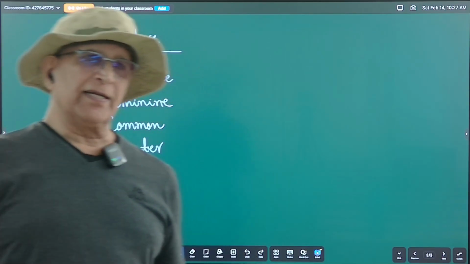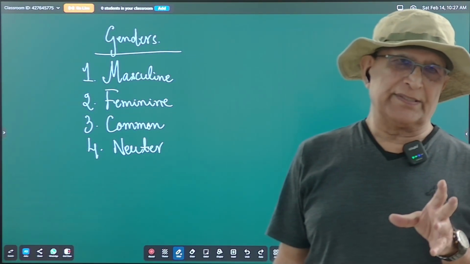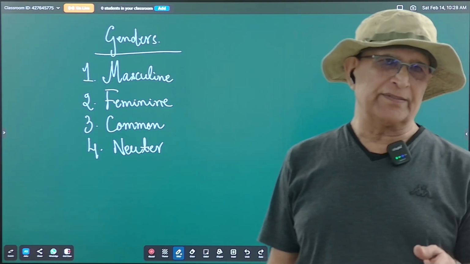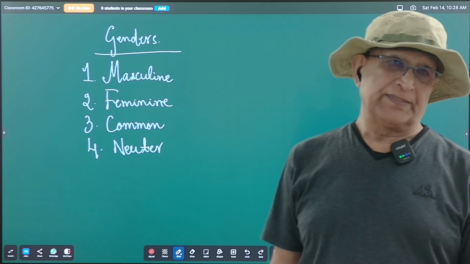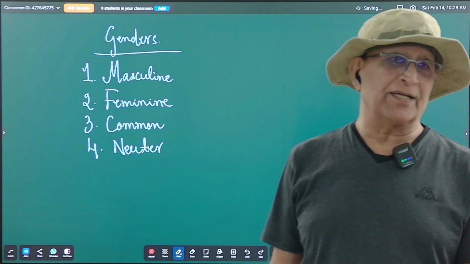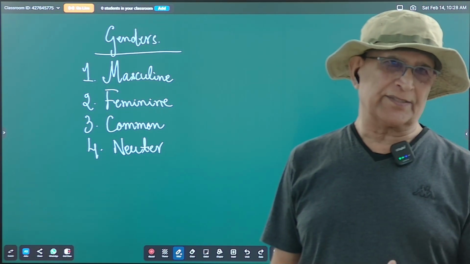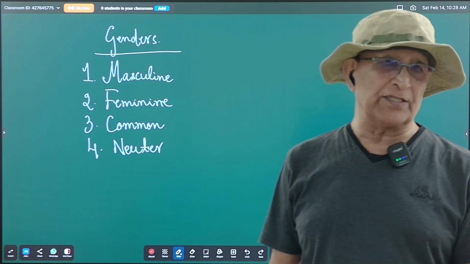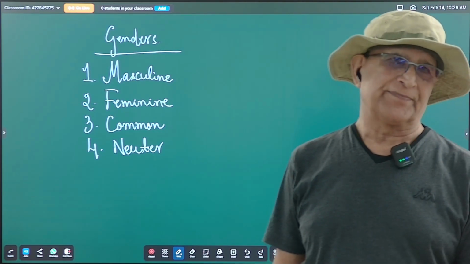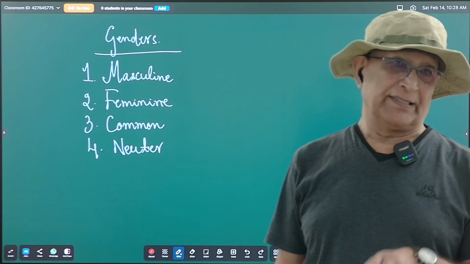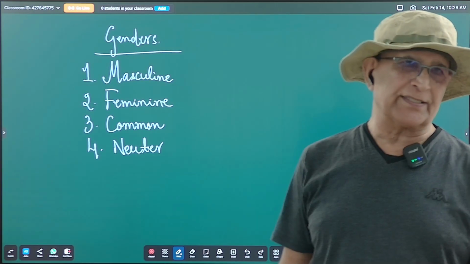Masculine, relating to males. That word male is a biological term. When you read biology, zoology, that word male is used because it is biological terminology. But in grammar, when you talk about genders, which relate to sex identification, we don't say male gender; it is the masculine gender, right? And females, it's the feminine gender, and which is both, it's common.